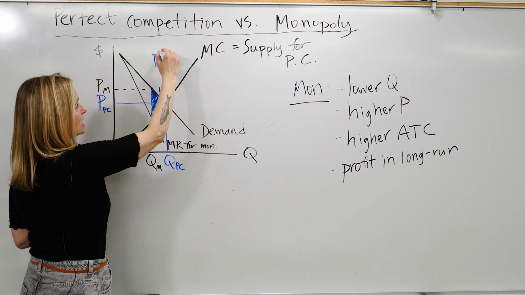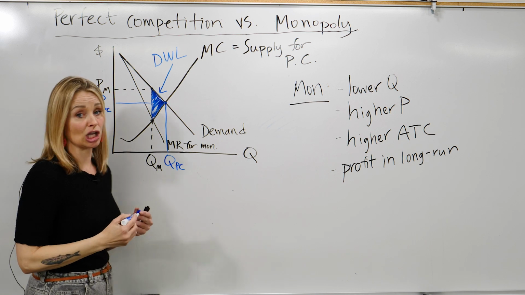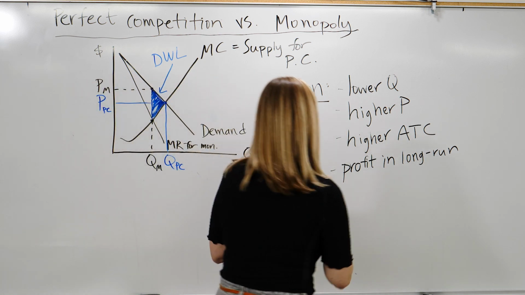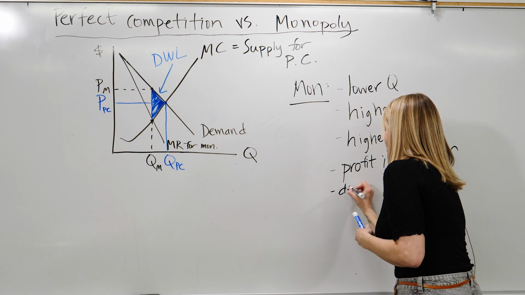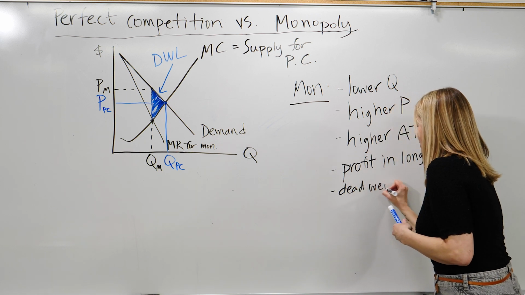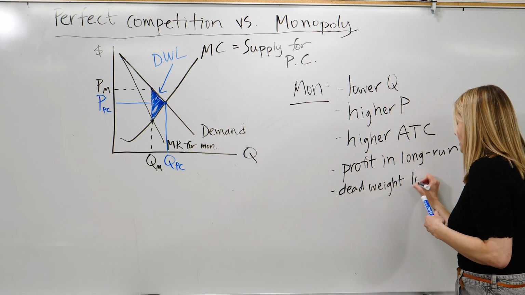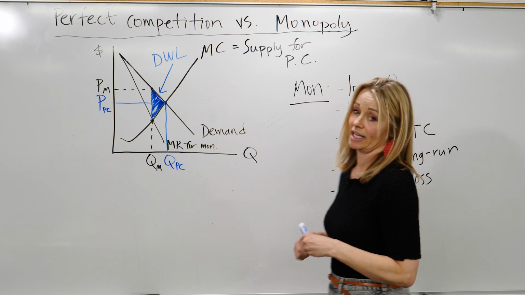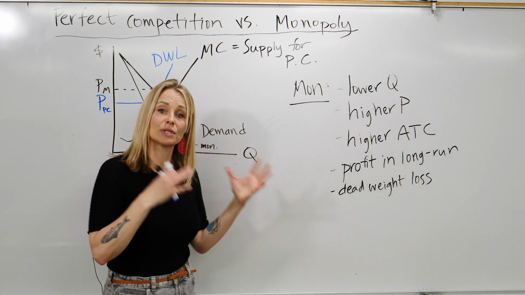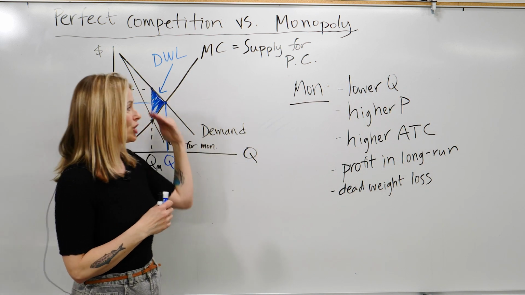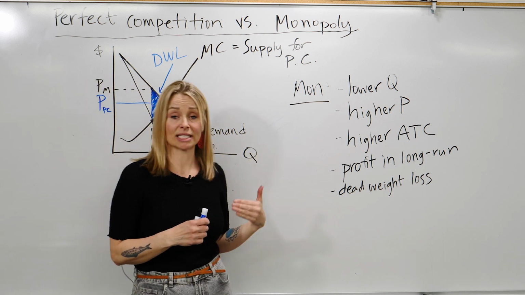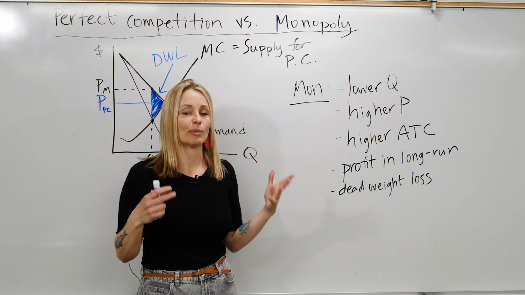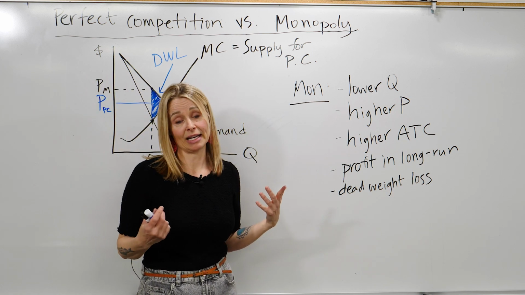And so this is deadweight loss as well. So that's another thing. It all adds together to show that these are the reasons why, in general, as a society, we try to reduce the monopolies because they have too much power, they charge higher prices, less quantity, etc. And so we try to have a little bit more perfect competition added in there.